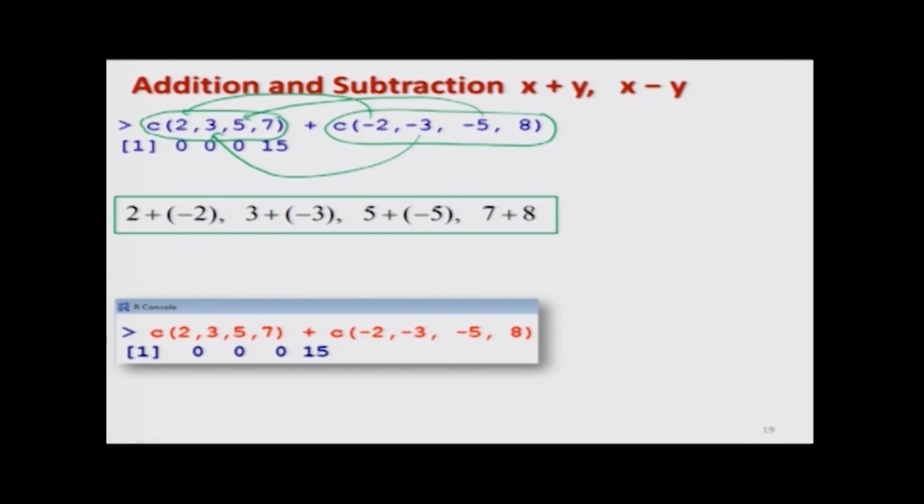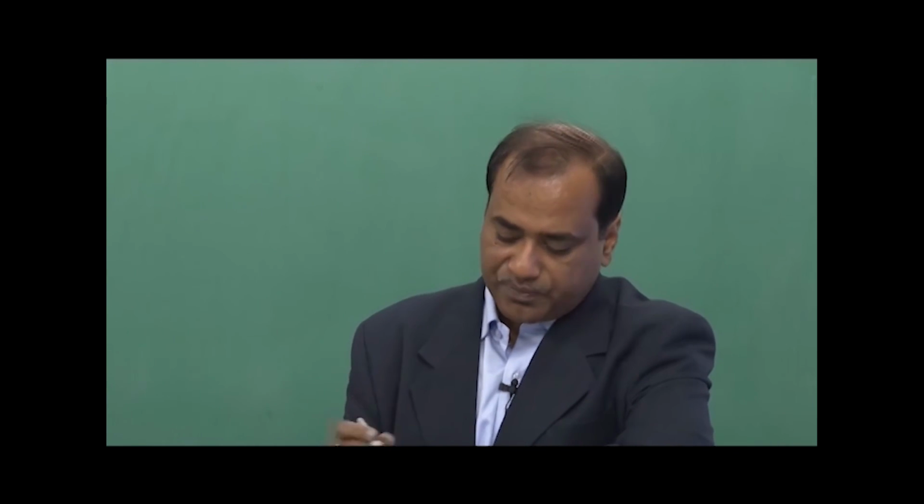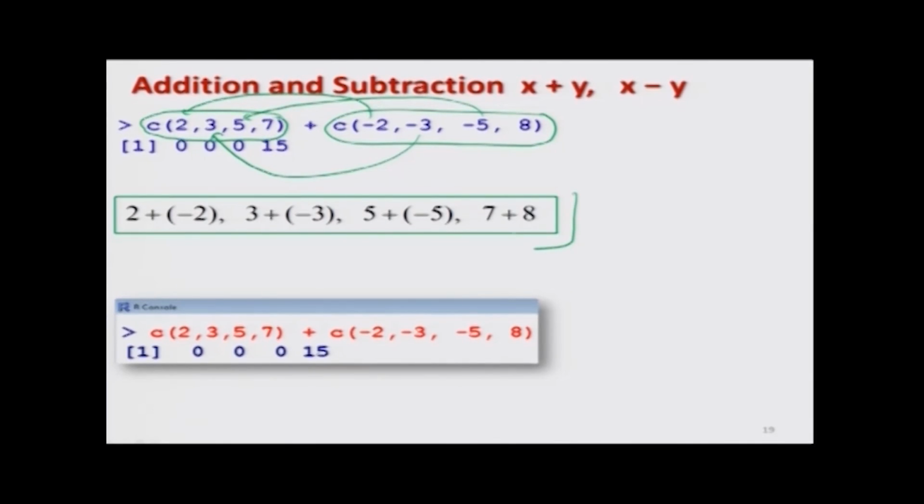So, again the same rule continues here, that the respective positions' values are being added. So, this is the operation which is happening here: 2 plus minus 2, 3 is being added to minus 3, 5 is being added to minus 5, and 7 is being added to 8, and we get this screenshot over here. So, the rule is similar to what we have done earlier.